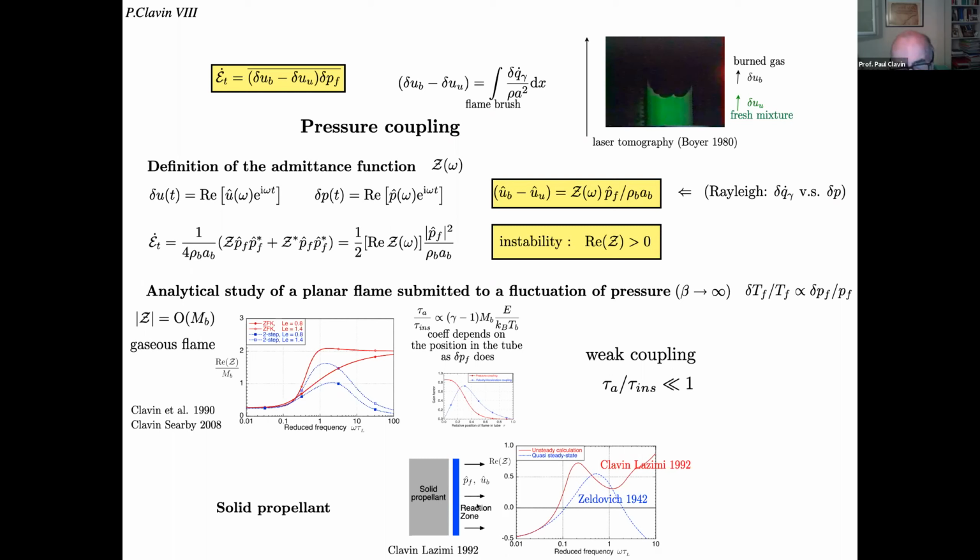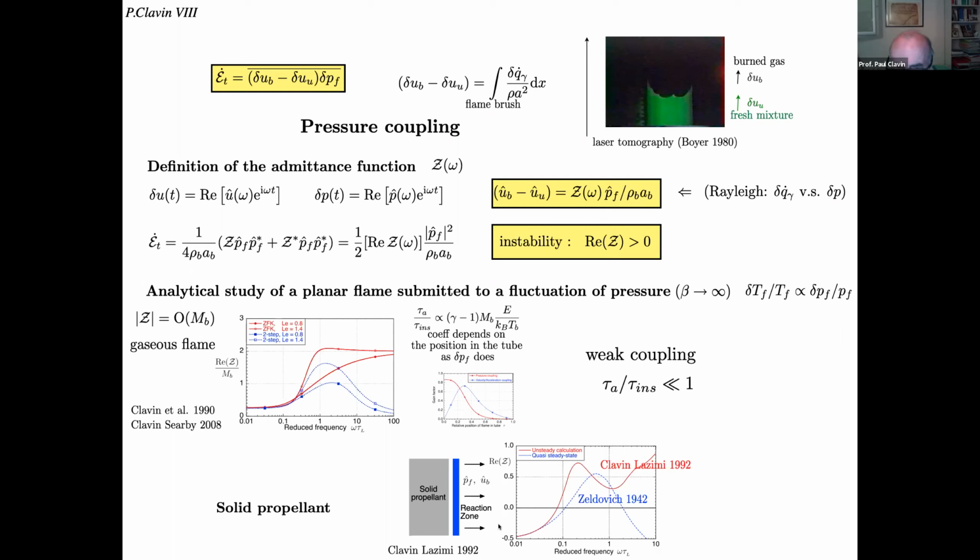So this is going to fluctuate, and because of a positive real part of the admittance function, this is acting like a loudspeaker.